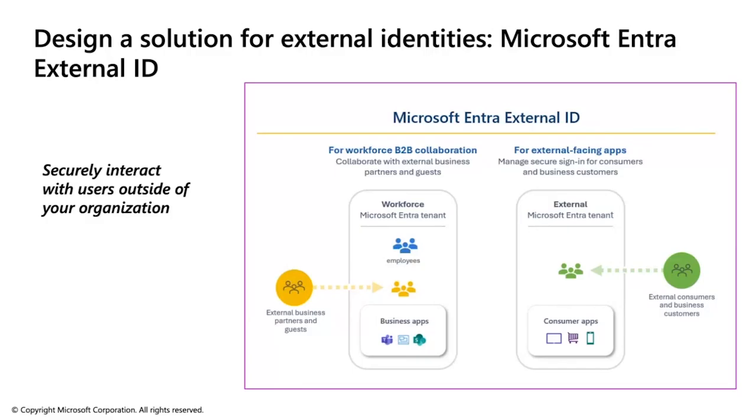And for external-facing applications, we are in the B2C, business to customer situation. So we have to plan how securely these external identities or external people can access applications and data, and how securely they can interact with the environment.